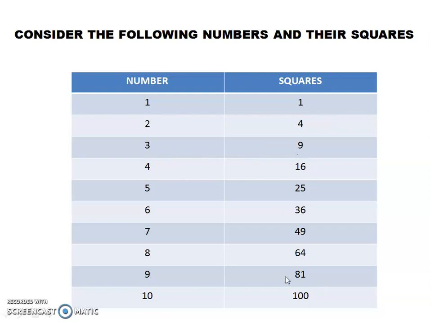So what about these 2-digit numbers? If the number ends in 4, its square will end in 6. Clear? So, if the number ends in 5, its square will end in 5. If the number ends in 6, its square ends in 6.